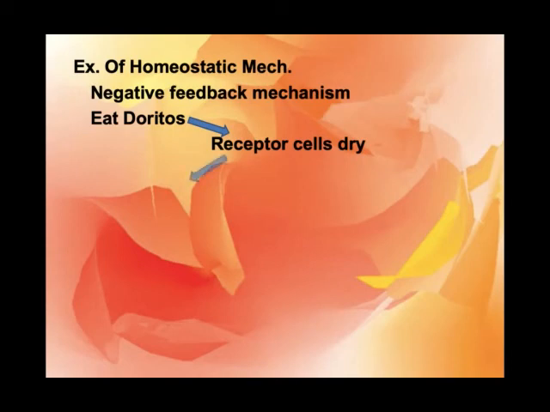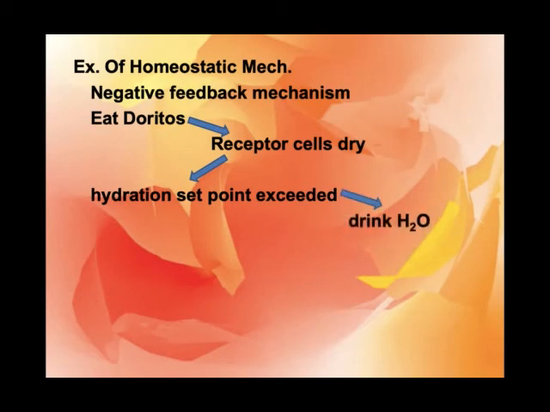When those receptor cells dry out, the hydration set point is exceeded. The receptor nerve in your mouth sends a message to your brain saying, hey, it's getting kind of dry down here. Your brain goes, whoop, whoop, hydration set point exceeded. Then it makes you thirsty, and you want to drink some water or some other liquid to get rid of this dryness in your mouth.